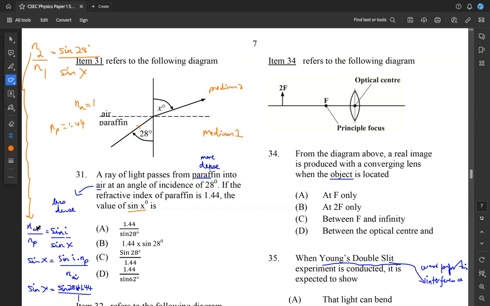So this is N of air, the refractive index of air, over the refractive index of medium 1, which is paraffin, and that's equal to sine of I, which is sine of 28, over sine of X.